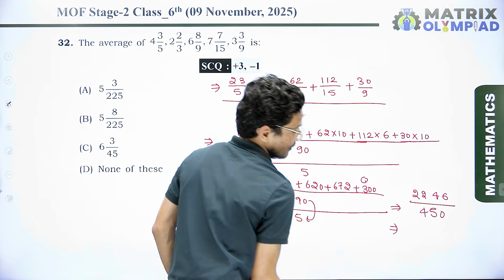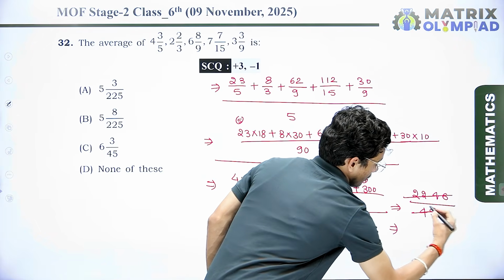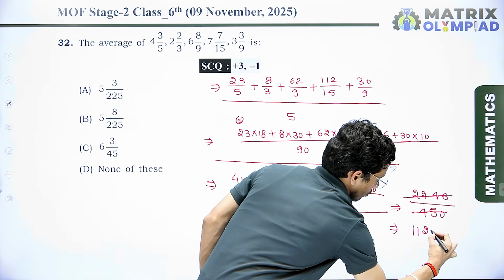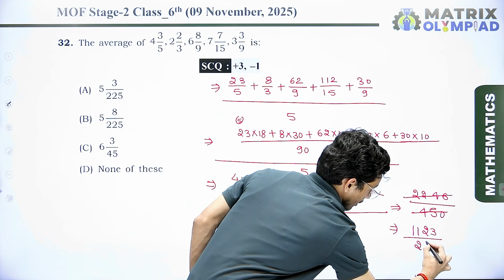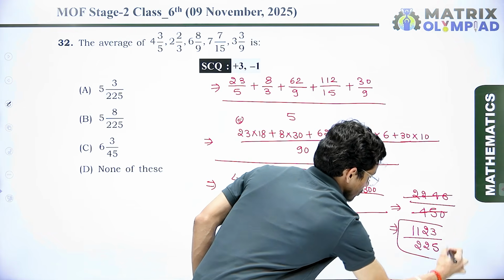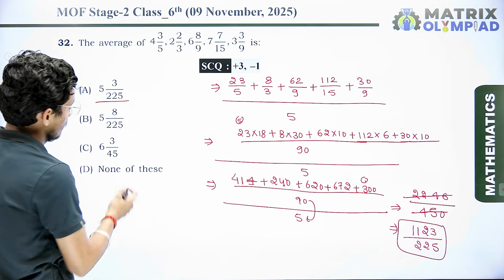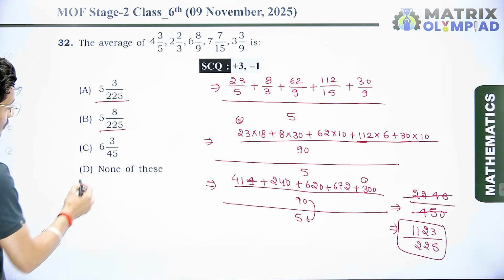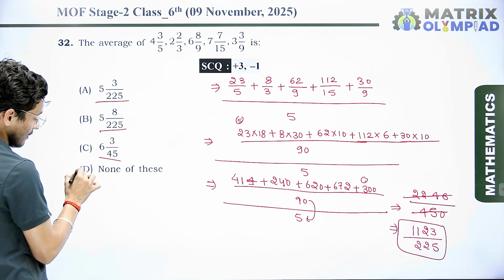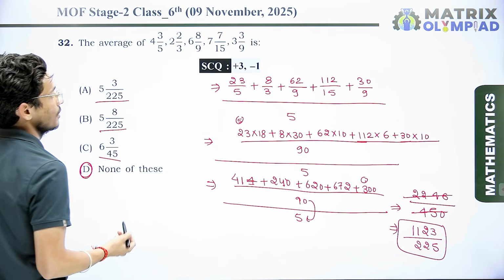When we simplify it, I can write here 1123 upon 225. So let's check which option is correct. So here this is not possible, this is also not possible, this one is not possible. So here we can say that option number D is the correct answer over here.